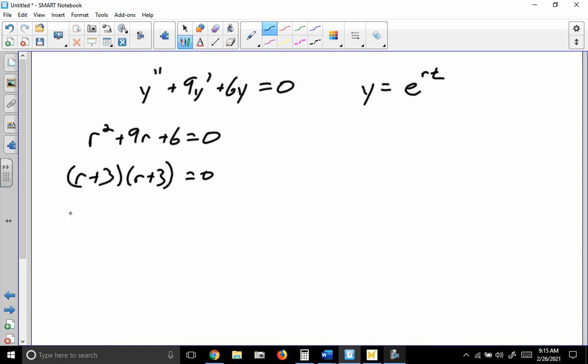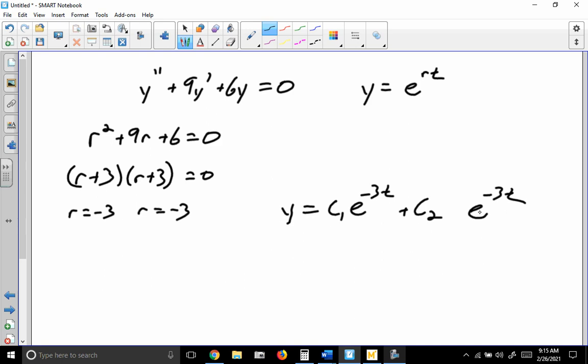If we set each of those equal to 0, we get a repeated root. So we can't have c1 e to the minus 3t plus c2 e to the minus 3t, because those would be like terms. Once we add them together, we would just have one arbitrary constant in front of one term. So the way we said to make them linearly independent is we pick up a t in front of those. So this would be the solution to this one when we have repeated roots.